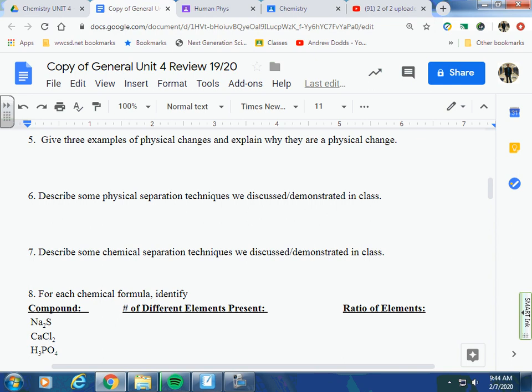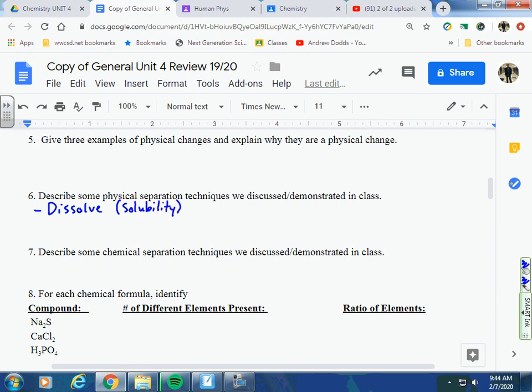All right. Number 6, some physical separation techniques. Okay. So one thing we can do is we can dissolve something. And what this is based on is a property called solubility.